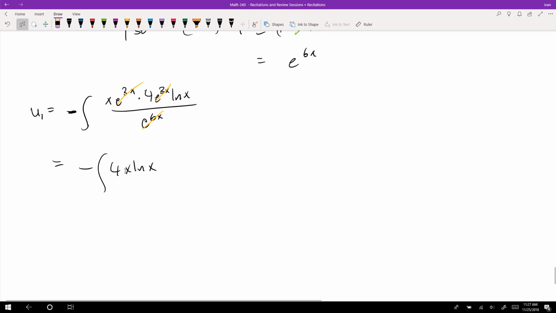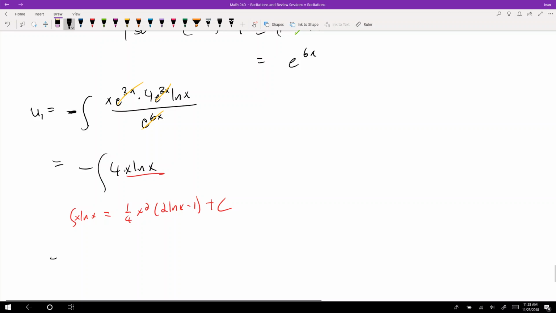Okay, 4x ln x. The integral of x ln x is something you should have on your cheat sheet. The integral of x ln x is equal to 1/4 x squared times (2 ln x minus 1) plus some constant, right?